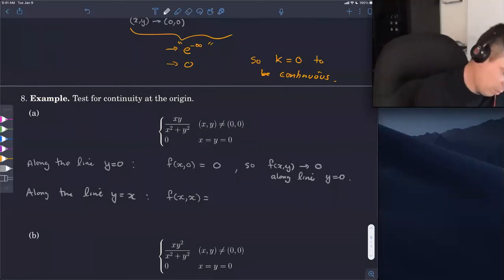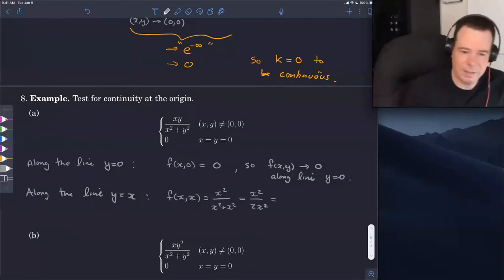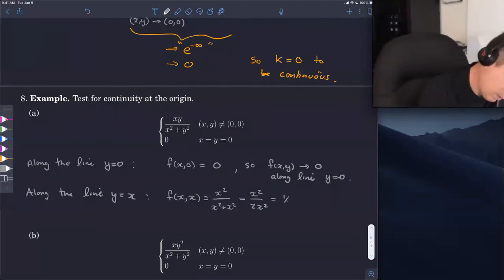And what about this next one? F of x, x. Well, we plug that in, we get an x squared over an x squared plus an x squared, or in other words, an x squared over 2x squared. What does that simplify down to? Yeah, half.